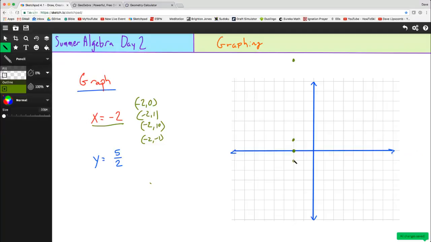So x equals anything equals a vertical line. And in this case, it's the line x equals -2. Right? So -1, -3, -2, -4, 1, 2, 3, 4, 5.